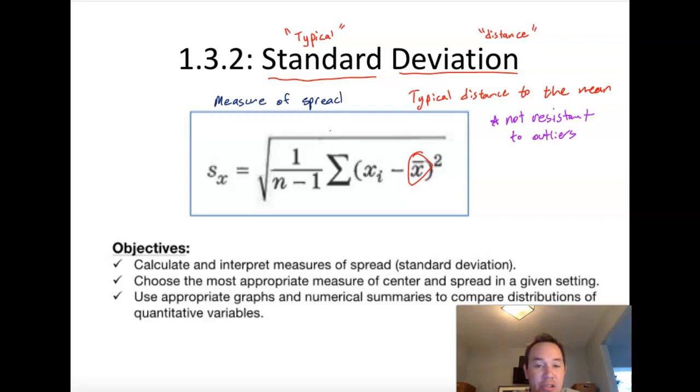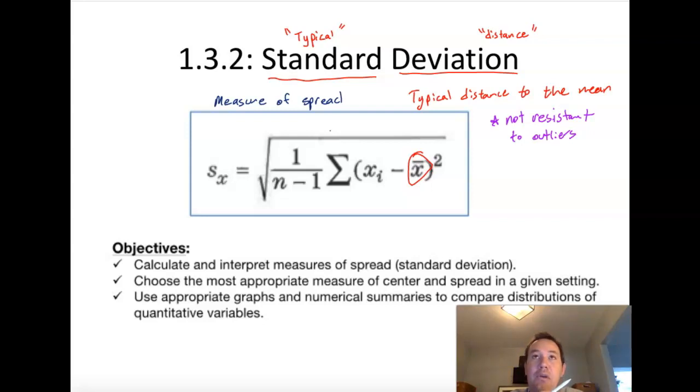If it does have potential outliers, you probably don't want to use the mean to describe where the center is, because the mean is highly impacted by the outliers. So it will give whoever you're reporting these things to an idea that the center is in a place where it truly isn't. It's the mean just being pulled up or down by the outliers.